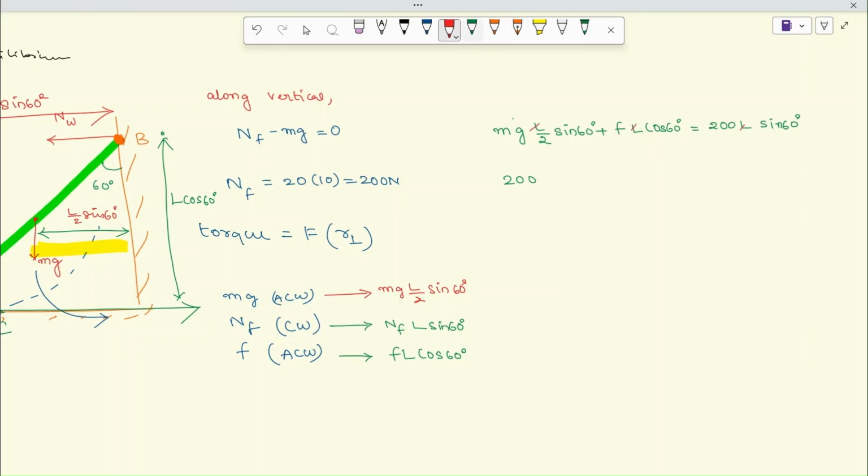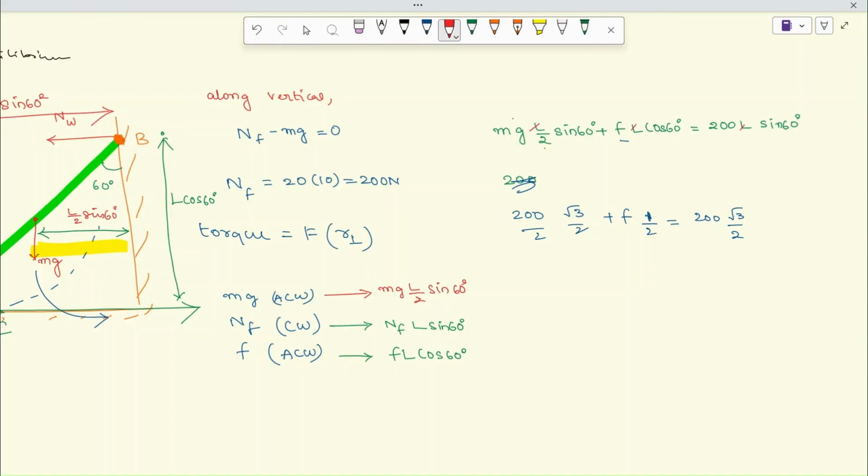Okay, now it becomes 200 into sine 60 root 3 by 2 and one more 2 here, by 2 plus F into cos 60. So F into cos 60 is 1 by 2 is equal to, on the other side, 200 into sine 60, that is 200 into root 3 by 2.